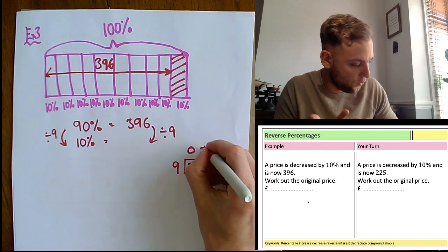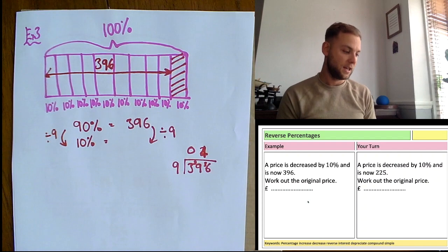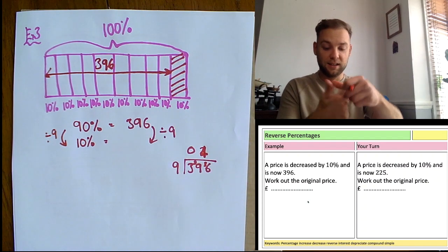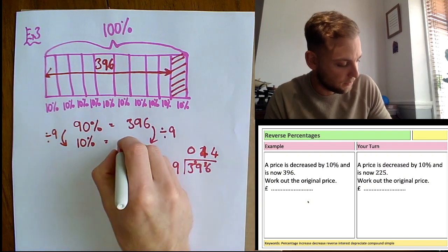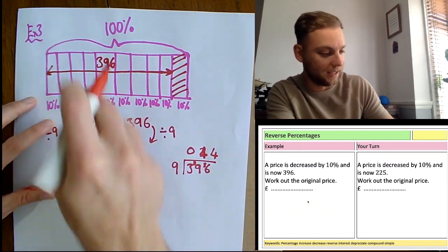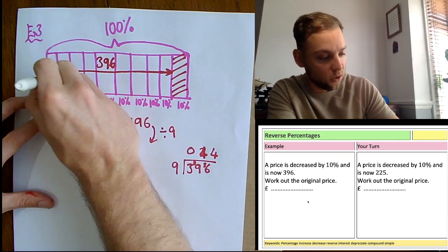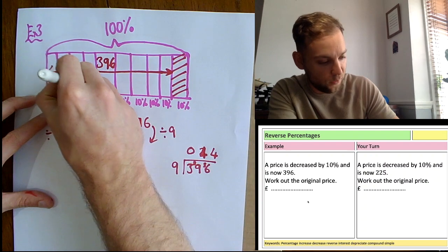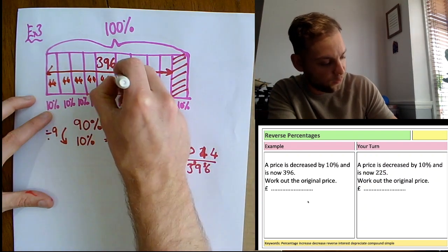It goes in 4 times with 3 left over, okay? And then it goes in 9, 18, 27, 36 again. So it actually goes in 44 times. So here, 10% is worth 44. So what we're saying now is if 9 of these are worth 396, each one of these is worth 44. Okay, so that's worth £44 each.